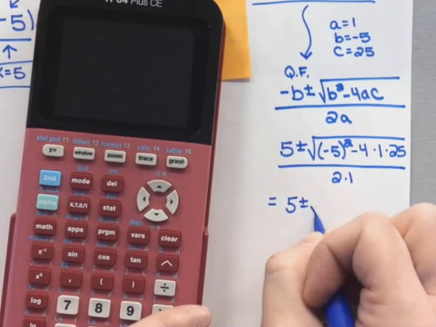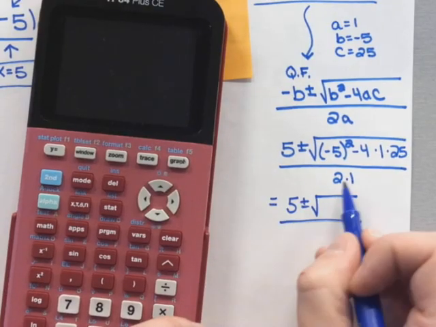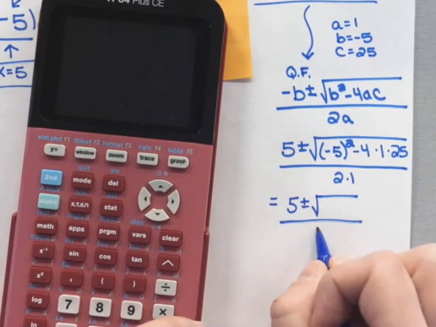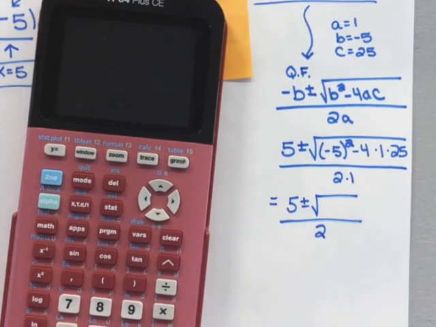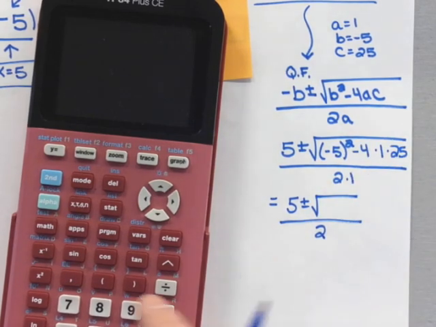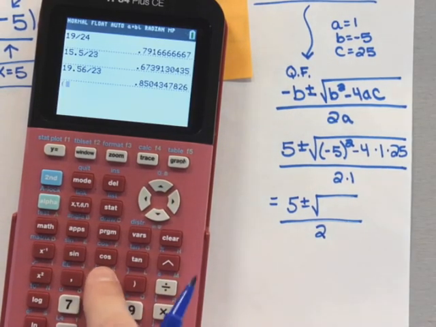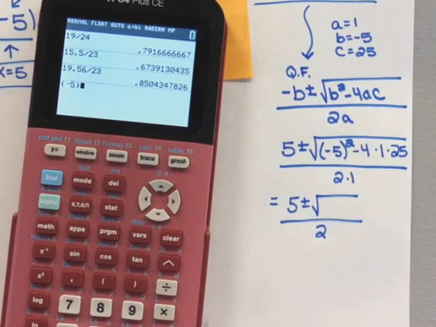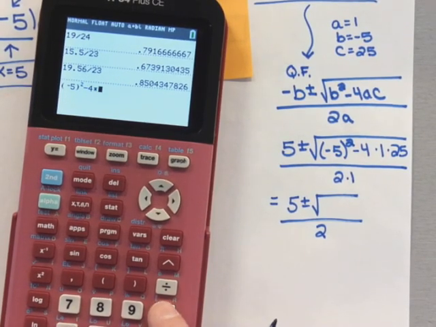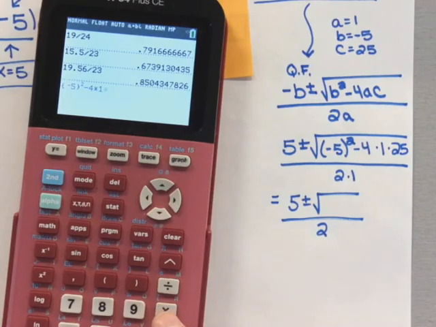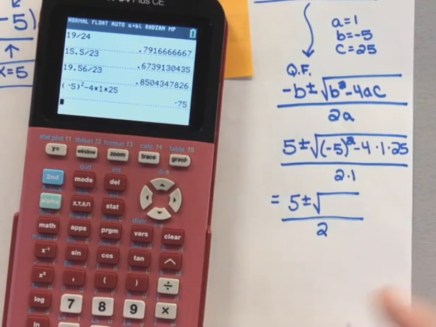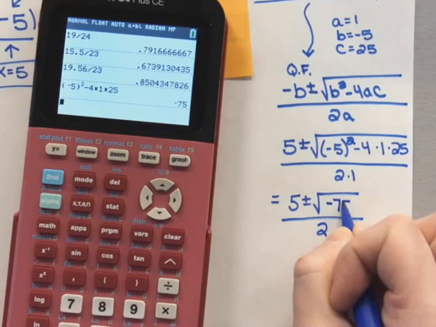So let's continue. 5 plus minus. I need my square root, and it's being divided by 2 times 1, which is just 2. Let's figure out what lives under that square root. So I'm going to type it in. Parenthesis, -5, close it, square it, minus 4 times 1 times 25. I get -75.